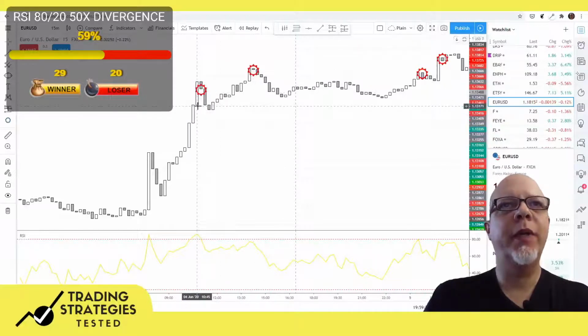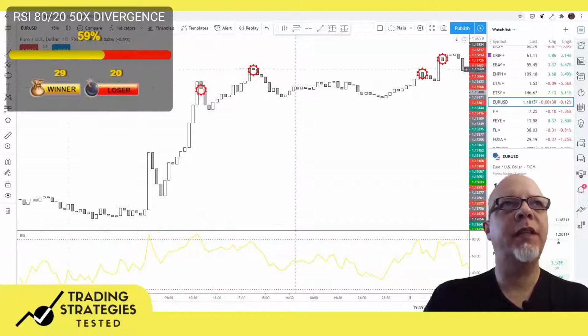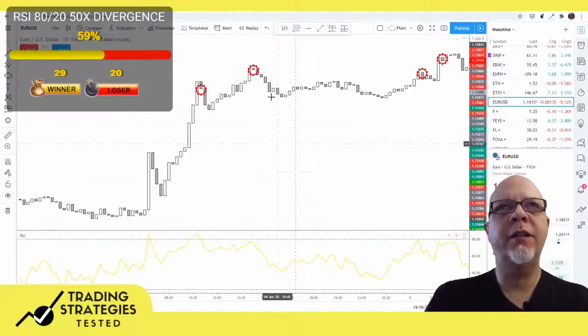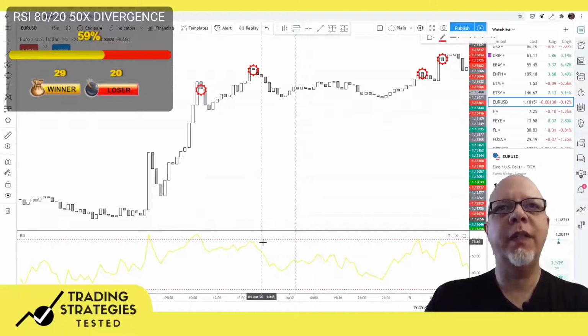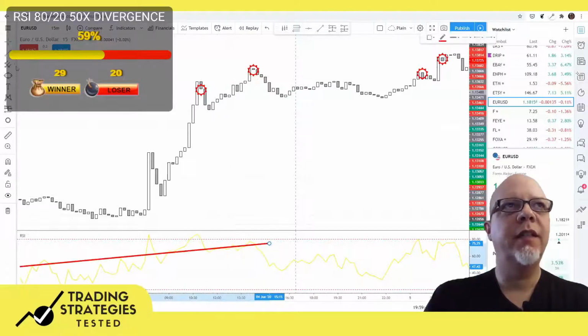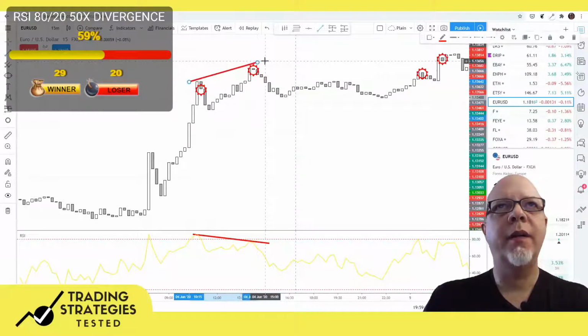But just to quickly recap, here we have once again RSI going over 80. We have a nice high there, and here we have a high that's higher and the RSI is lower. Just to recap once again what the strategy is. And there we have it higher.